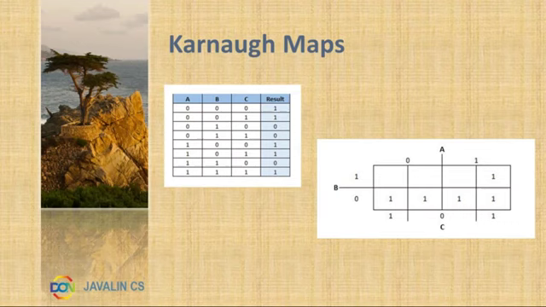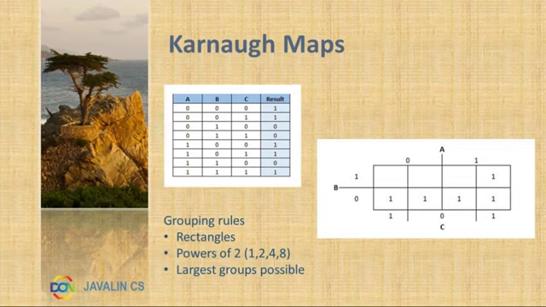Okay, so we need to group them, and these are the rules we use in grouping them. First of all, we group them in rectangles or rows, which is really just a thin rectangle. We also need to group them in powers of 2. So each group needs to include 2, 4, 8, or so on ones or trues.